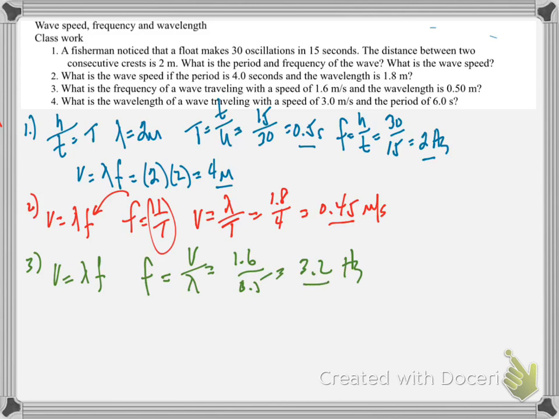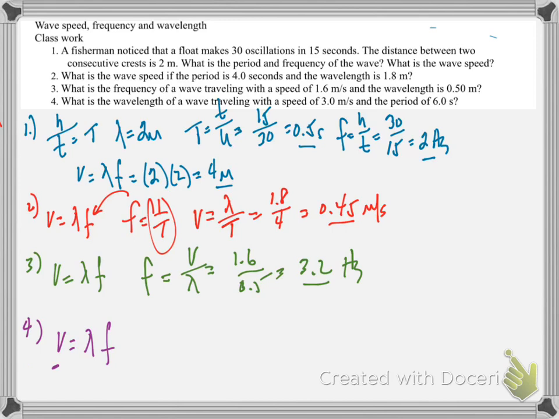Number 4. What is the wavelength of a wave traveling with a speed of 3 meters per second and a period of 6 seconds? So we have velocity equals lambda f, and they gave us the velocity, but then they gave us period.